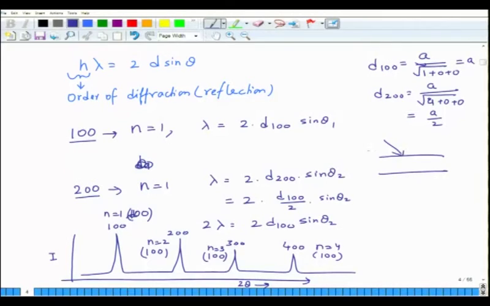Okay. So, it is as if in the first case it would be in this fashion. Okay. So, this was 1 lambda, so this is lambda, this is lambda. Okay. In the second case it became, this was 2 lambda, 2 lambda.